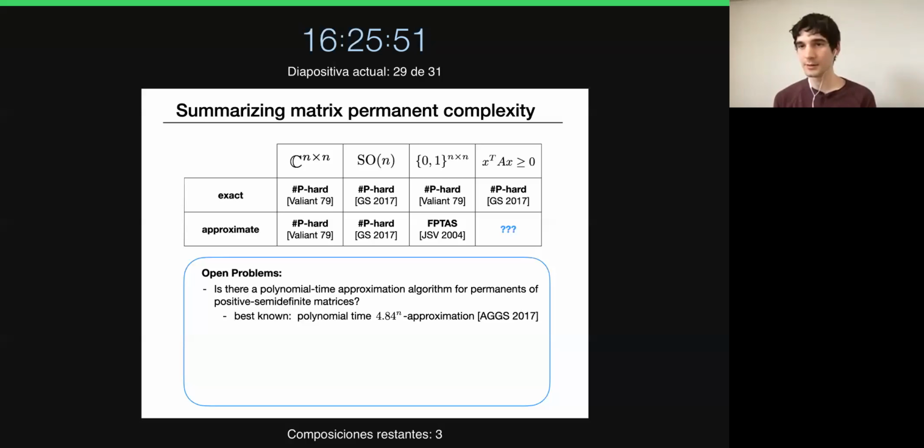I had a question. You said that the technique used for the positive semi-definite matrices was different, but you mentioned a few other classes like general linear and symplectic matrices. Is that the same technique?